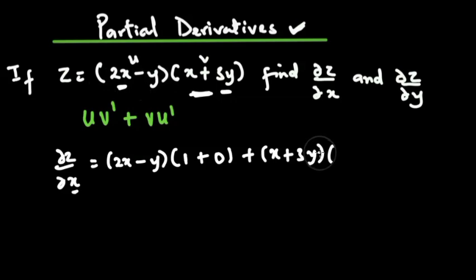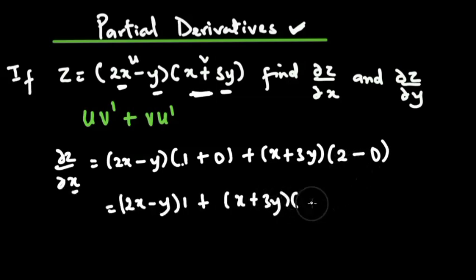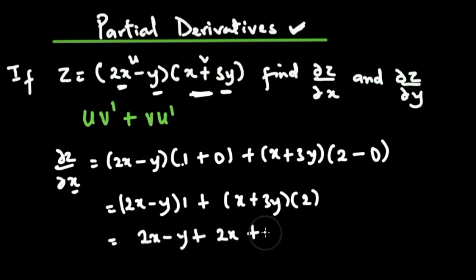So when you differentiate 2x, you have 2 minus, when you differentiate y, you have 0, because when you differentiate a constant, you have 0. So this gives us 1 multiplied by 2x minus y plus 2 times x plus 3y, multiplied by 2. Okay, so we can still simplify. We're going to have 2x minus y plus 2x plus 6y. And this gives us 4x plus 5y. And that is the partial derivative with respect to x.